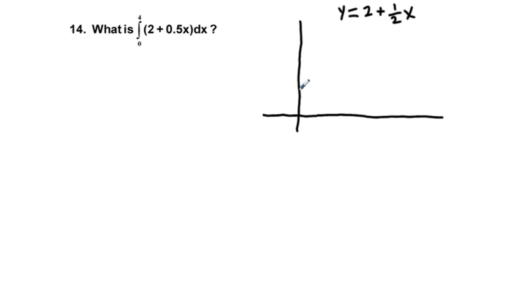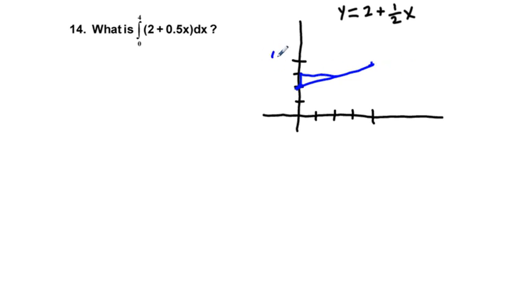So for that, we have a y-intercept of 2, and we're going from 0 to 4. So here's our y-intercept, and we have plus 1/2 x. Well, that's going to be a rise over run of 1 up 1 over 2, and then up 1 over 2 again. So we're going to have this kind of graph here.